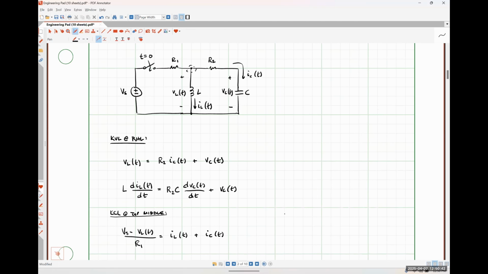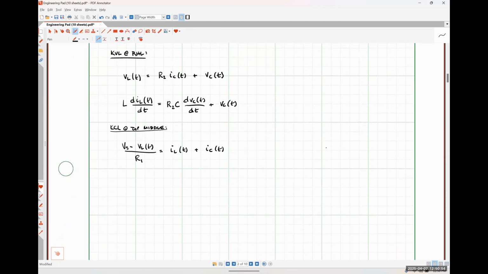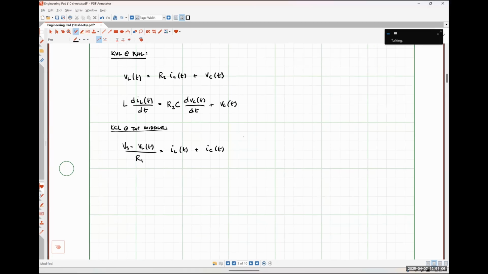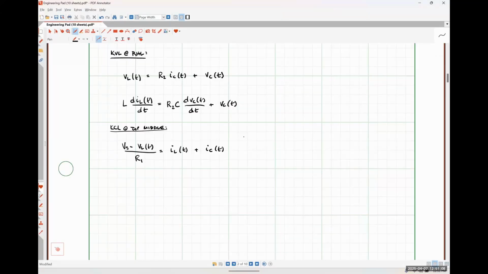So once again, I'm going to wind up expressing that inductor voltage in terms of the inductor current and the capacitor current in terms of the capacitor voltage. And so what that's going to leave me with is something akin to this.